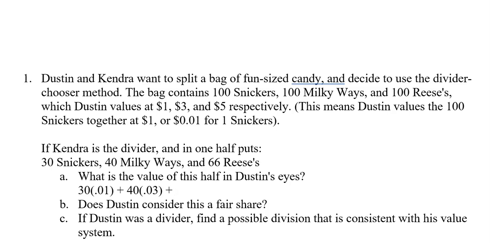And then we're going to do the 66 Reese's. Well, he valued all 100 Reese's at $5, or 5 cents each. So let's multiply that out and we'll have the value of this half that Kendra has divided out. So this is $4.80 in Dustin's eyes. All right, it's worth $4.80.